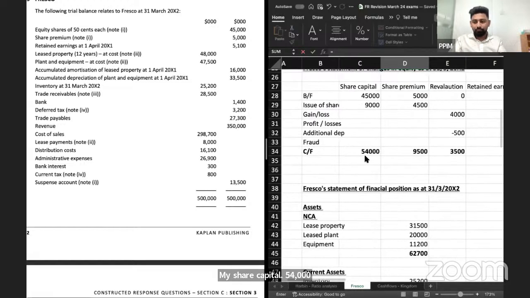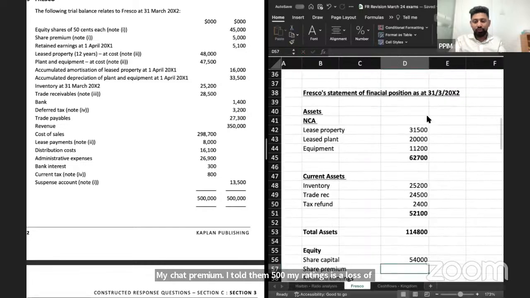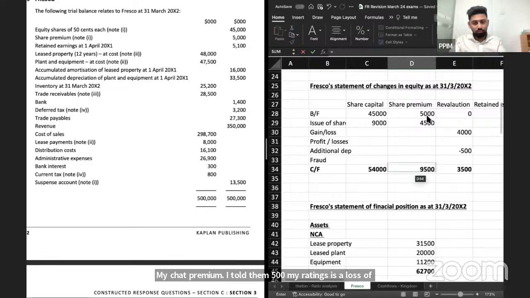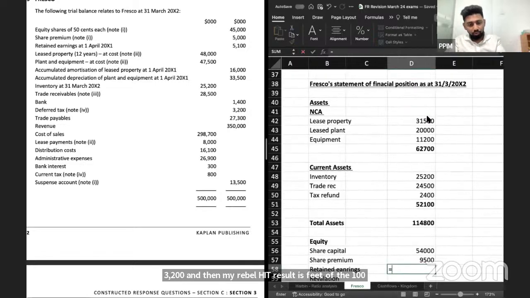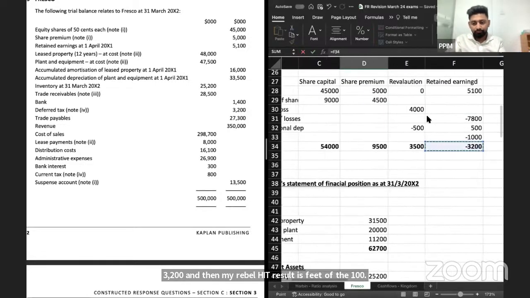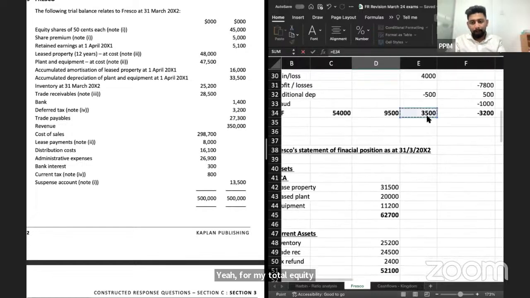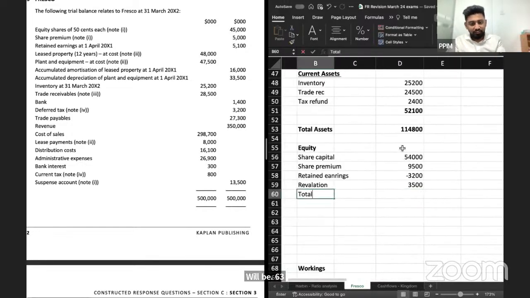My share premium, 9,500. My retained earnings is a loss of 3,200. And then my revaluation reserve is 3,500. There you go. Therefore, my total equity will be 63,800.